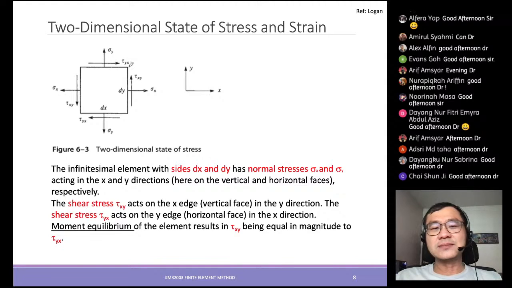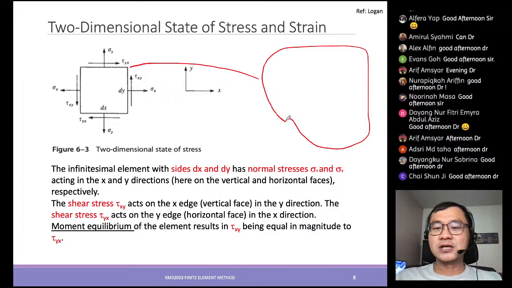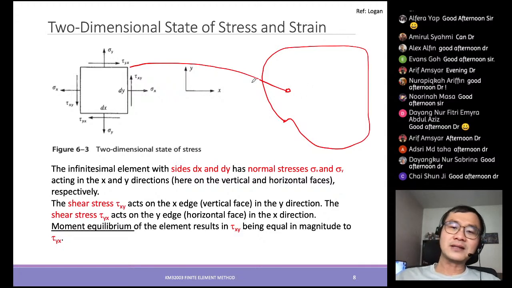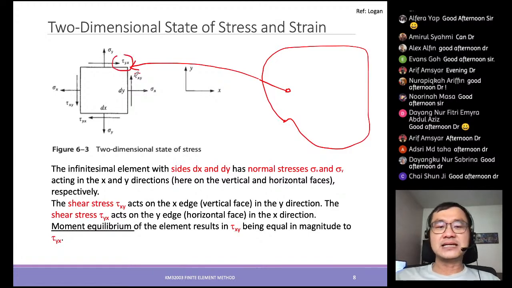Just imagine this small rectangle actually comes from a very big shape. Each of these small rectangles is subjected to stress in the x and y directions as well as shear. The shear should be the same so that the moment equilibrium is maintained.